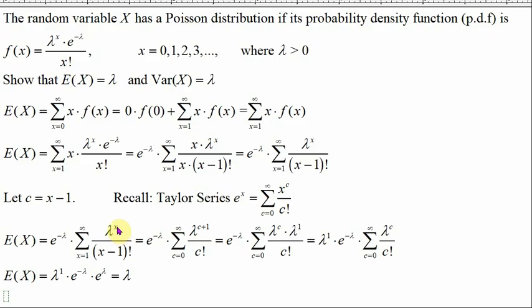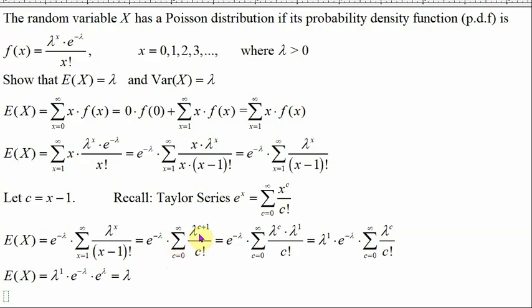And so now rewriting x in terms of c, c is equal to x minus 1, and so x will be c plus 1. So in the place of x, we have c plus 1. This x minus 1 is c. And then when x is 1, c is 0.